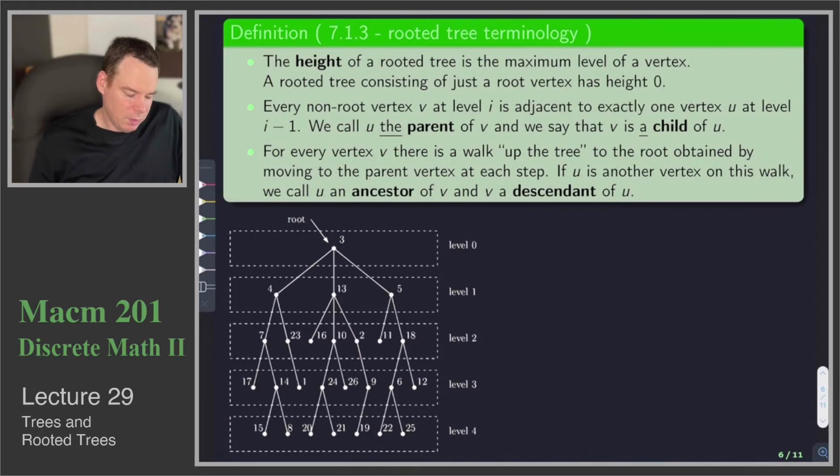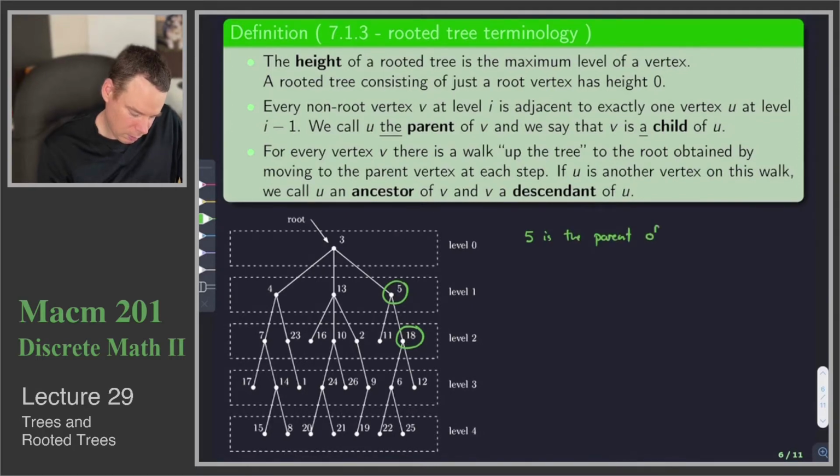Every non-root vertex v at level i is adjacent to exactly one vertex u at level i minus 1. We call u the parent of v, and we say v is the child of u. For example, looking at vertex 5 and vertex 18, we say 5 is the parent of 18, and we also say that 18 is a child of 5.